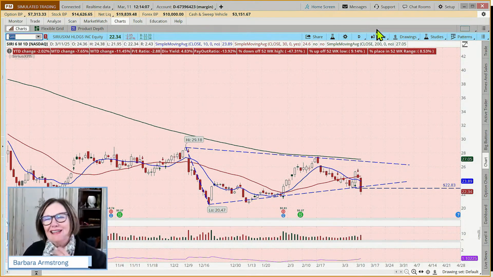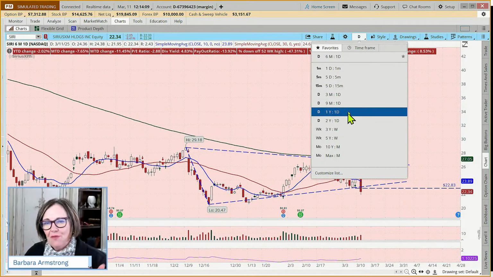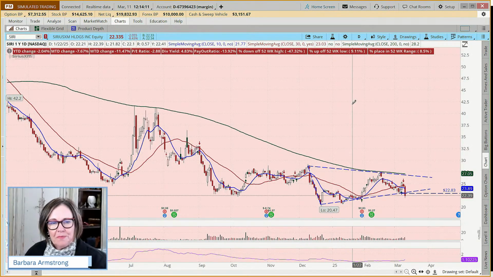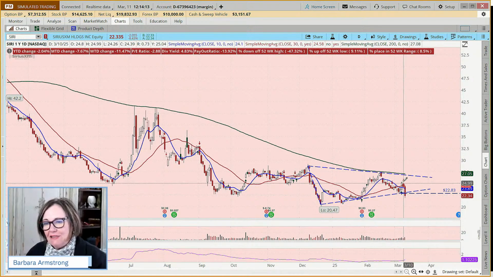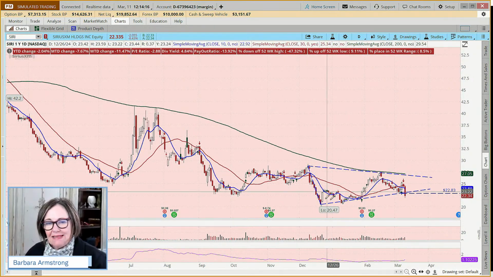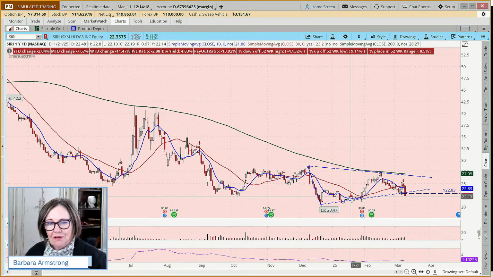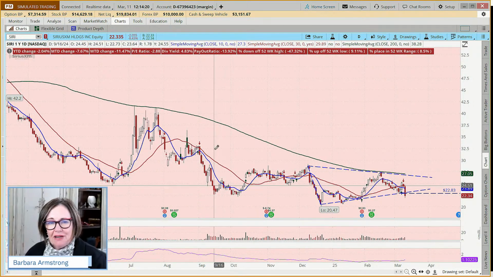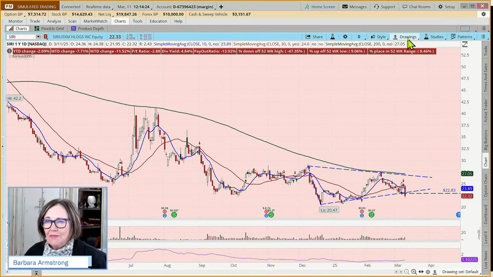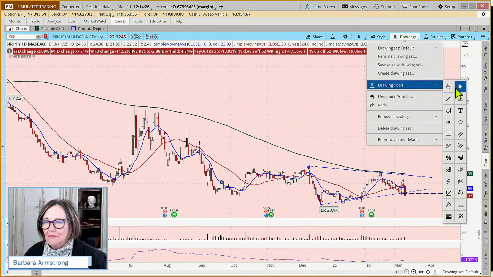Let's look at a longer time frame on Siri also. Because I tend to look at the right side of the chart because that's what's happening now. But did we have another pattern occurring here? Oh, sorry, let me get my drawing tool.